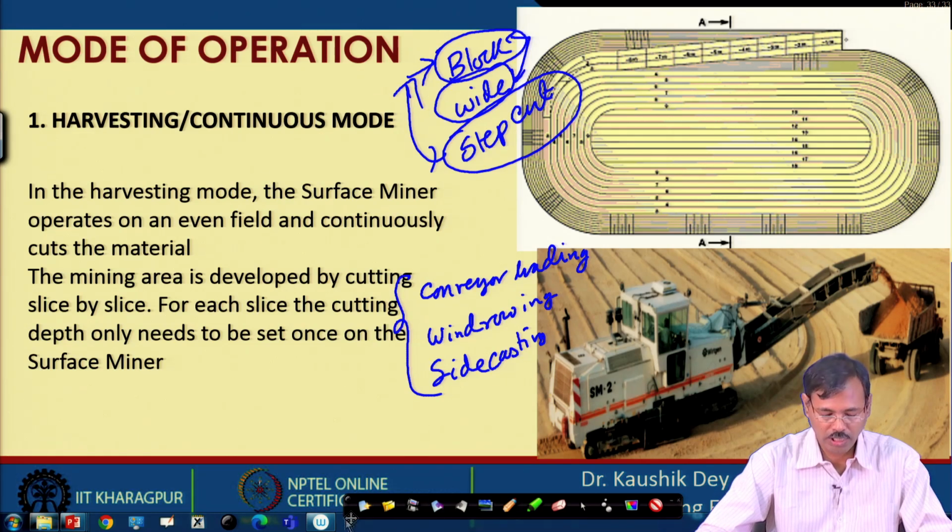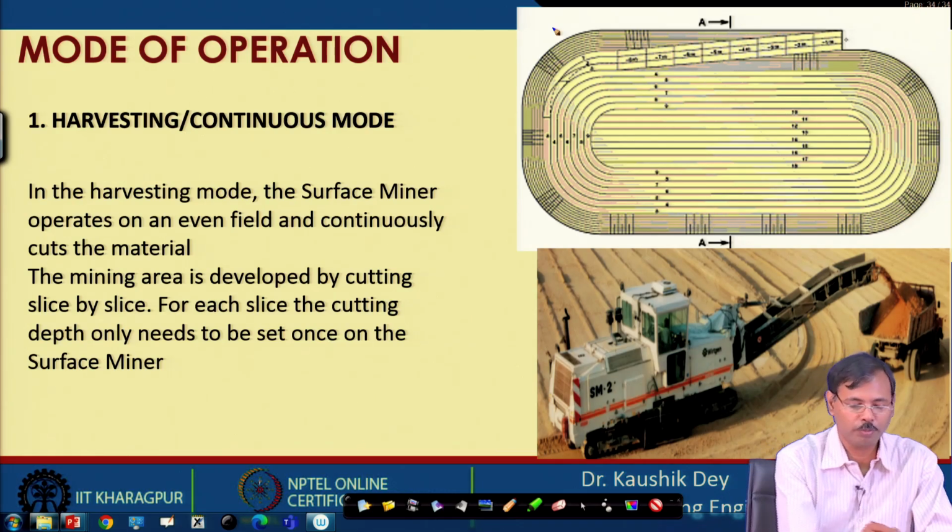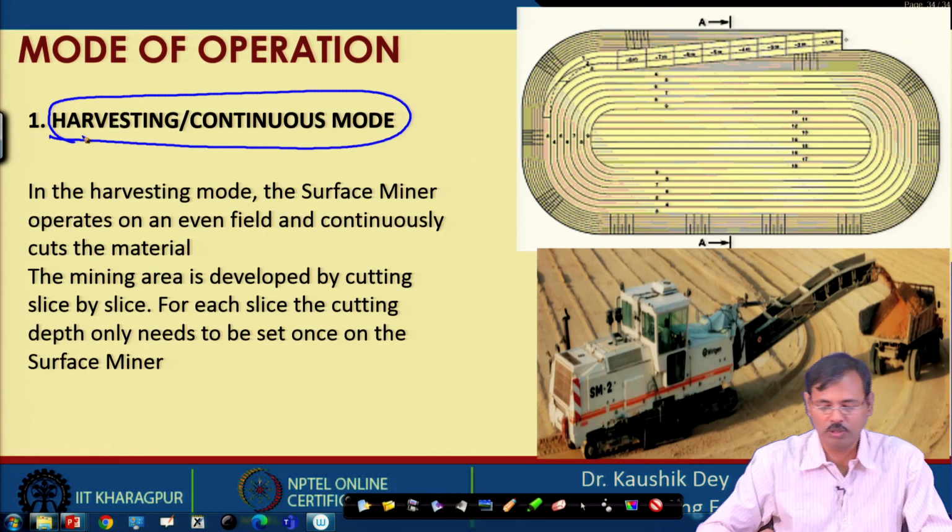Now, we are moving into another way of operation, where we allow the movement of surface miner inside the pit, and basically we need to design the pit based on the same. This is the mode of operation which we will discuss now. The first mode of operation is considered as the harvesting mode or continuous mode.